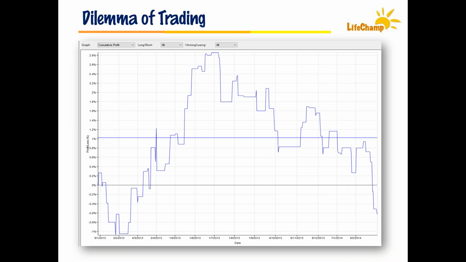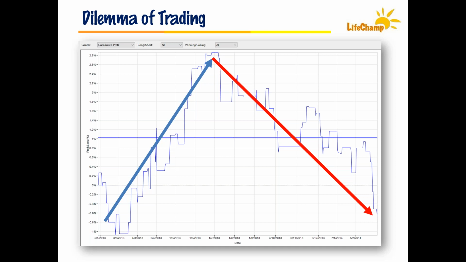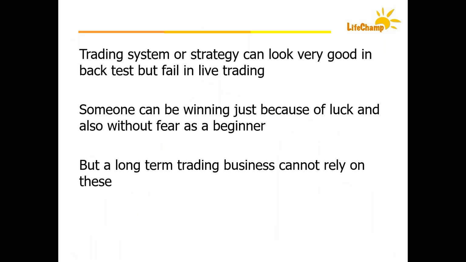Okay, so next we move on to the dilemma of trading. System trading sometimes gives you very good results when I present it to you, but in reality, once you start putting in real money, you may get this rather than making money. So how to overcome this is that you need to do forward tests, but you also need to understand a few traps, because someone can be winning just because of luck and also without fear as a beginner, because you may just blindly go in, and you always have a 50% chance of winning.